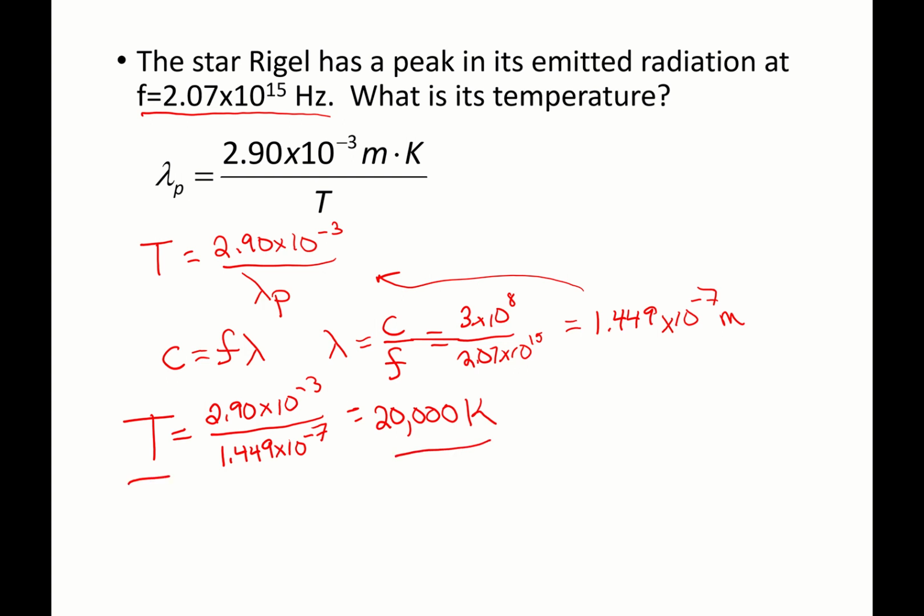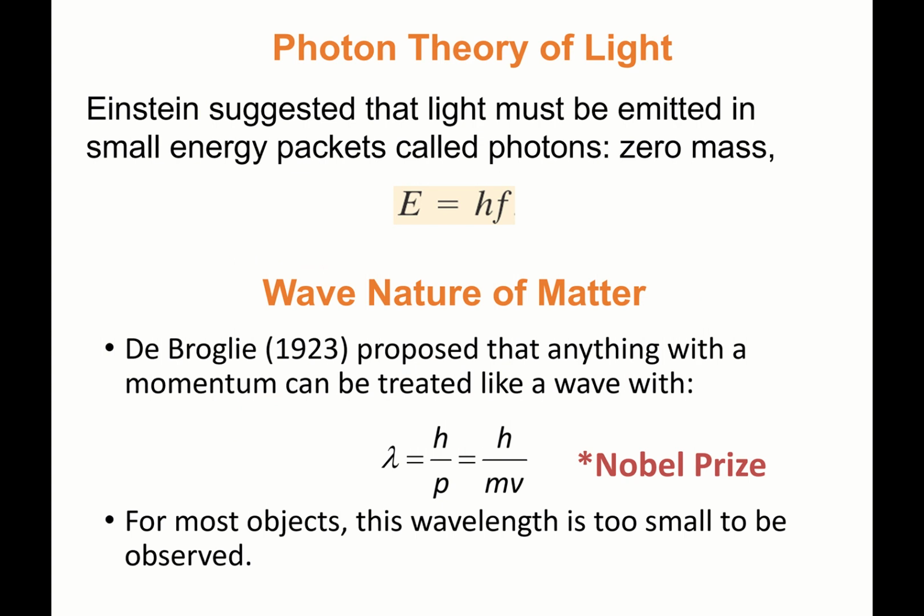So if you're given a frequency or wavelength, you can find the temperature of the star, which is how astronomers figure out what temperature a star is at. Or if you're given the temperature, you can figure out what the peak wavelength or frequency will be using that equation.